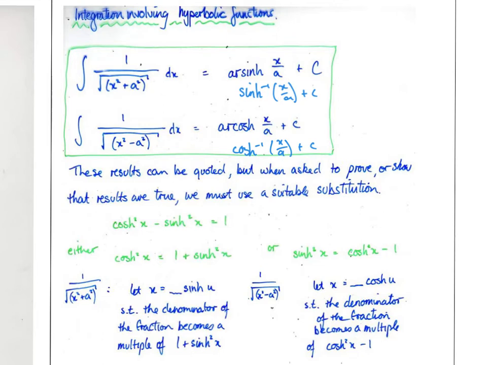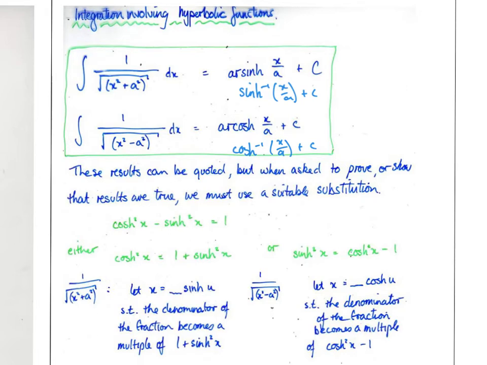But sometimes you'll be asked to use a substitution or to prove it. And when you're asked to prove these integrals, we use a suitable substitution. Where you have x squared plus a squared, we let x, the first thing that you're squaring, equal a times sine u.